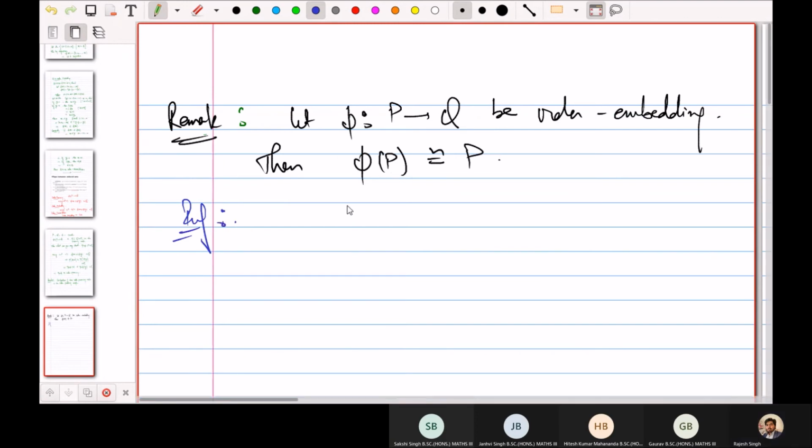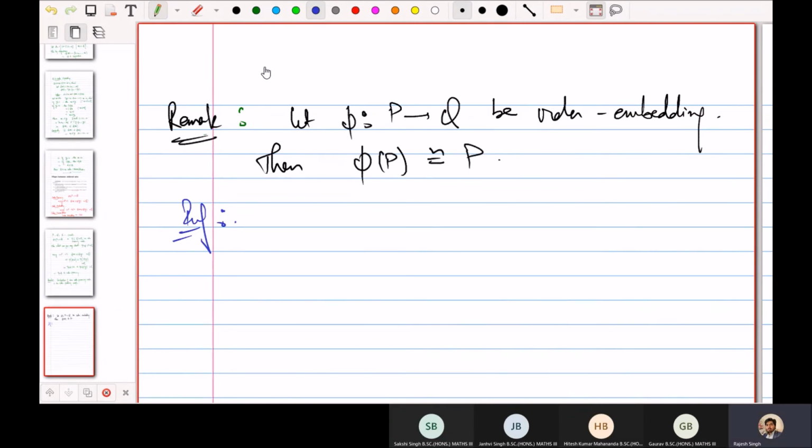Yes. Can someone explain why this phi P is isomorphic to P? Phi P क्या है? What does this phi P represent? Phi P is contained in Q. हाँ, phi P is contained in Q. Phi P की definition क्या होती है?